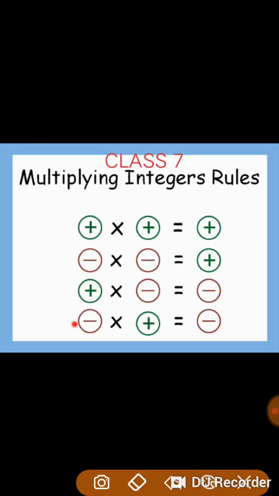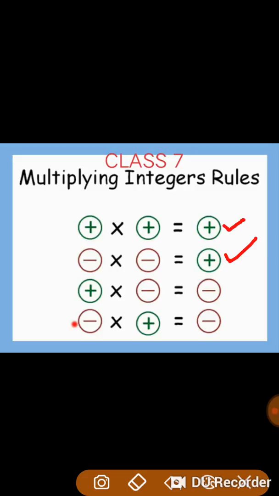So in the case when you are multiplying two positive integers, the answer will be a positive integer itself. Similarly, if you are multiplying two negative integers, the answer will again be a positive integer.